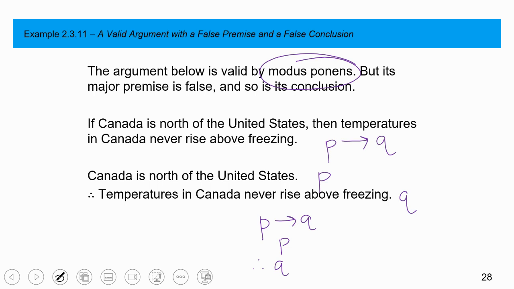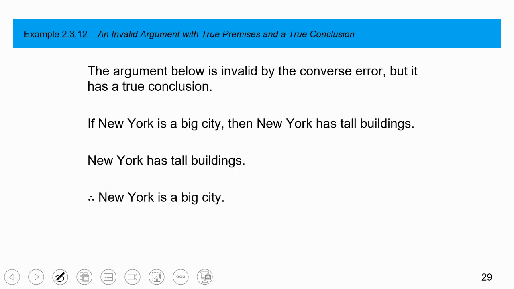Even though this is a valid argument form, the first premise, at least, is false, and the conclusion is false. So having a valid argument form is not really saying anything about the statements themselves. It's just about the form of the argument.